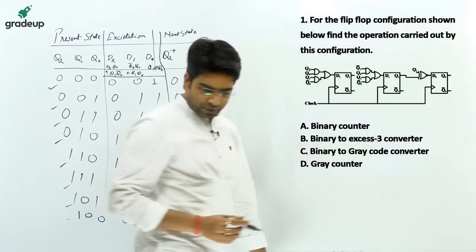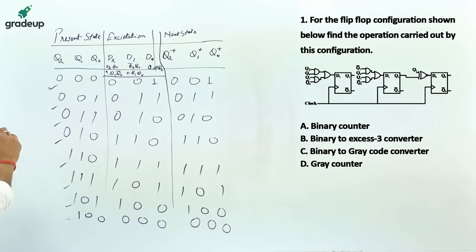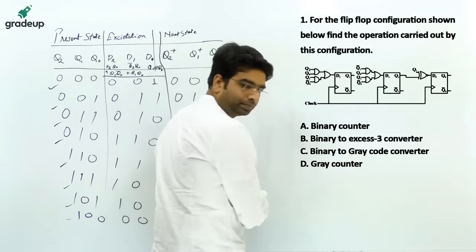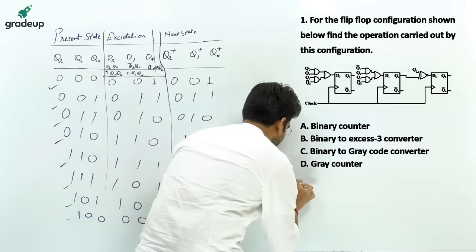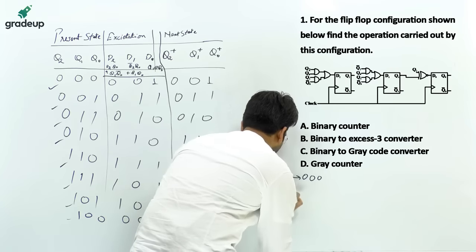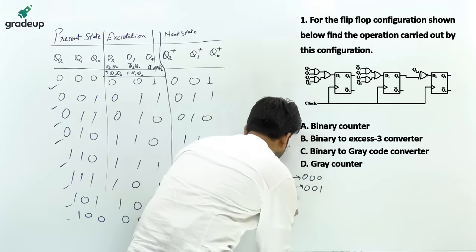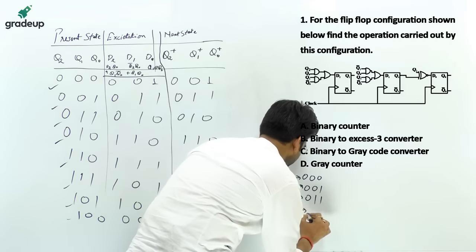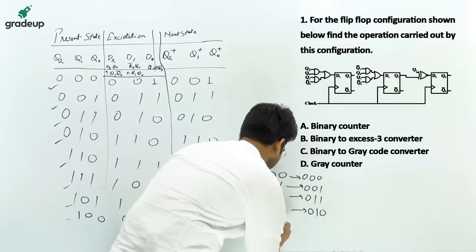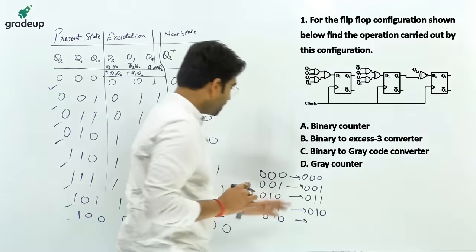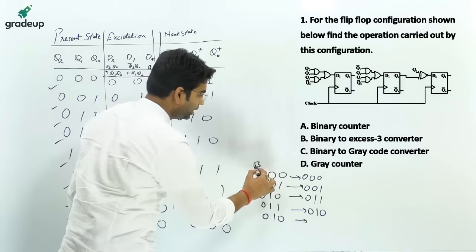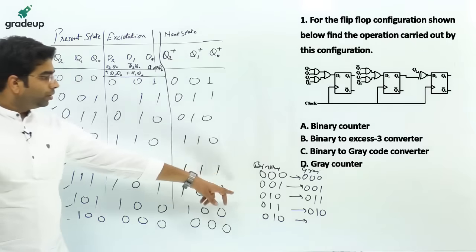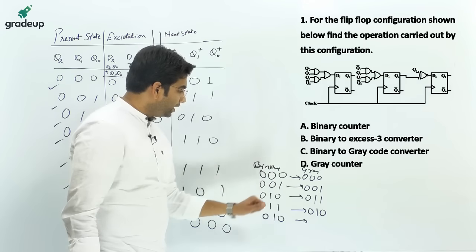I would like to have a very brief discussion about this table, and what about binary? Here it is binary, and this is gray code. Binary 0, the gray will be 0. Binary 1, the gray will be 1.